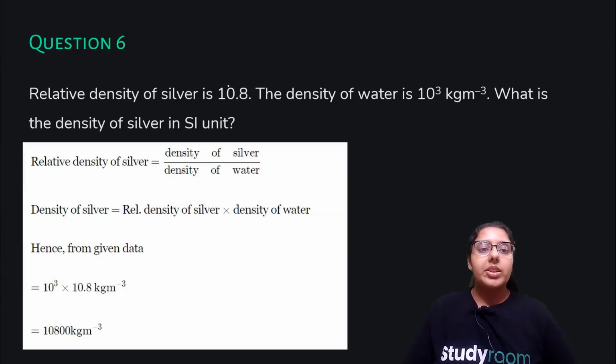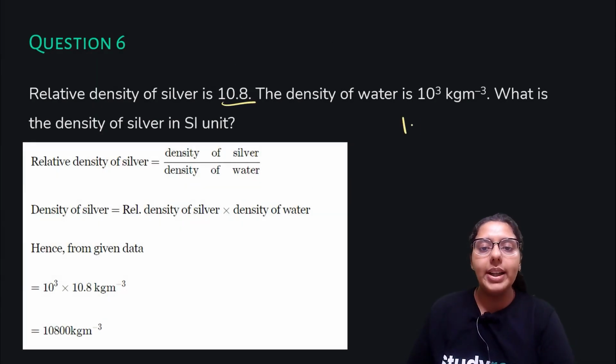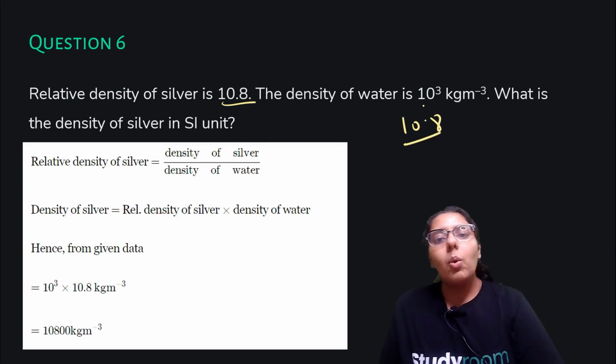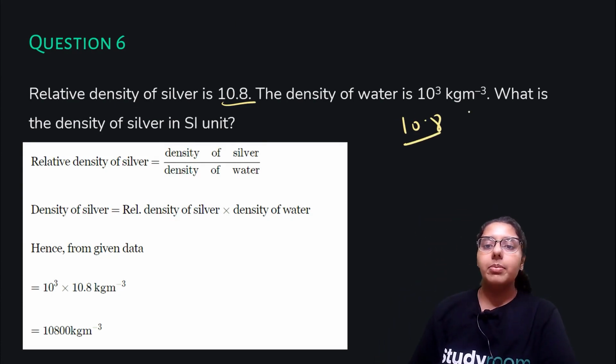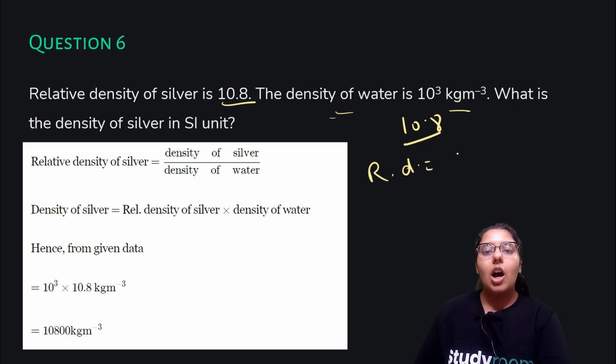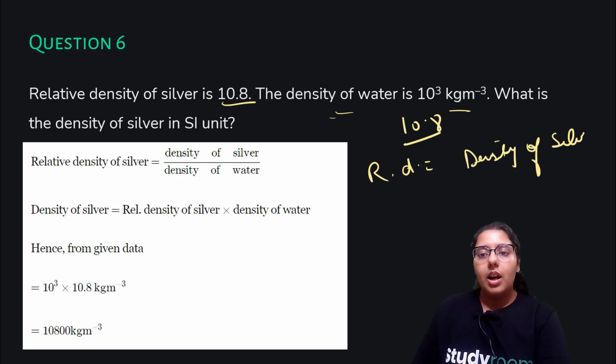So let's do this question. Relative density of silver is 10.8. Density of water is 10 to the power 3 kg per meter cube. What is the density of silver? We know relative density is the density of substance upon density of water.